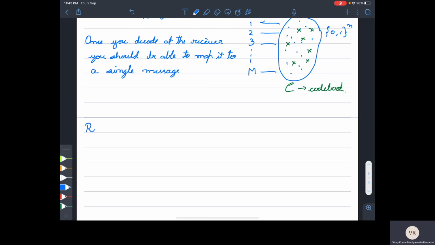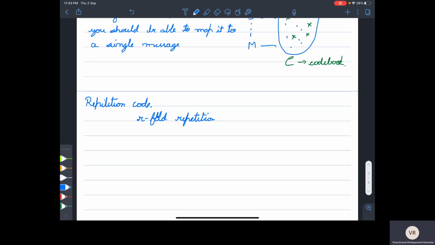Firstly, let's take the case of a repetition code, which you have already seen. If you take an R-fold repetition code, let's suppose R is equal to 7. If you get a 0, it gets encoded into this. If you get a 1, it gets encoded into this. So firstly, what is the rate of the code?